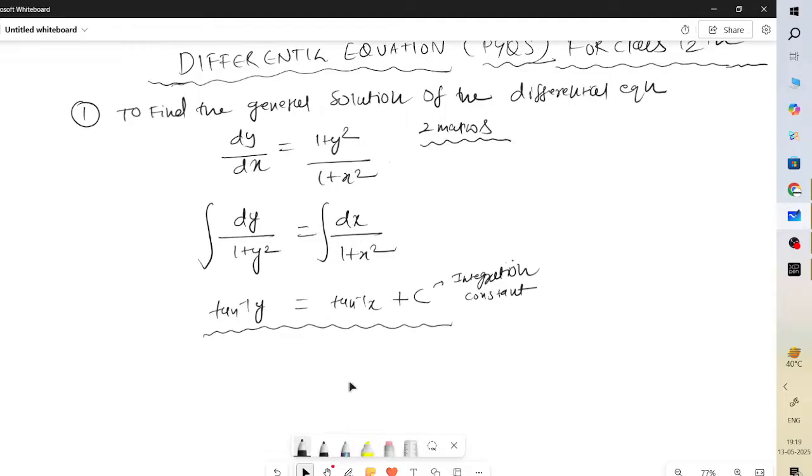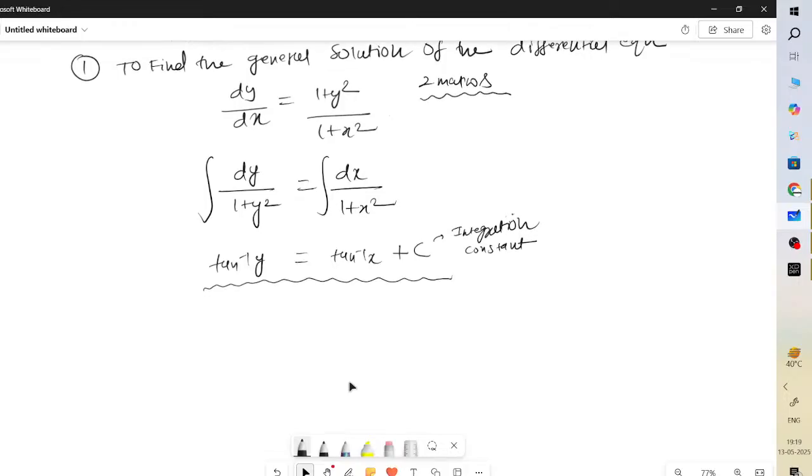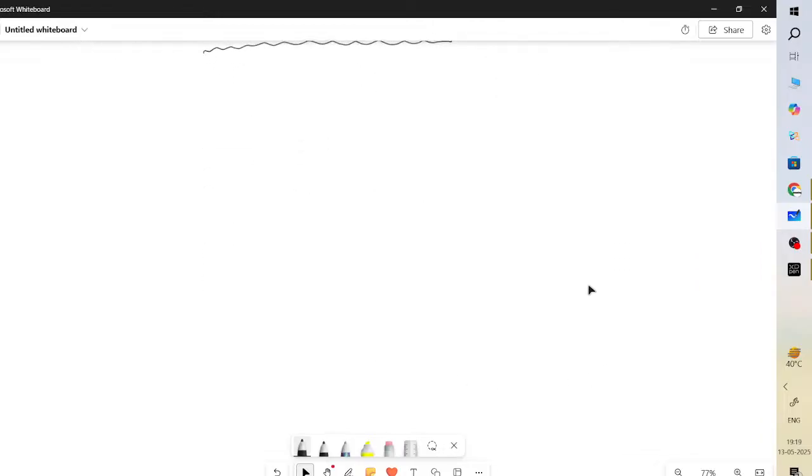Now we move to next question. I am putting the slide upside and choosing the next question. So second question, again it was asked in 3 to 4 marks in previous year.